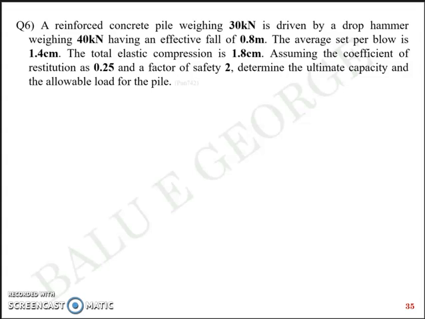Assuming the coefficient of restitution is 0.25 and a factor of safety of 2, determine the ultimate capacity and the allowable load on the pile. So this particular question is based on the dynamic formula. So try to solve these 2 questions and submit as an assignment in Google Classroom.